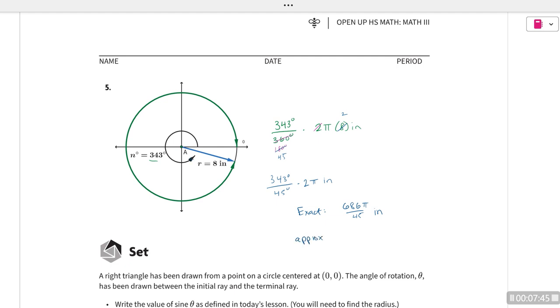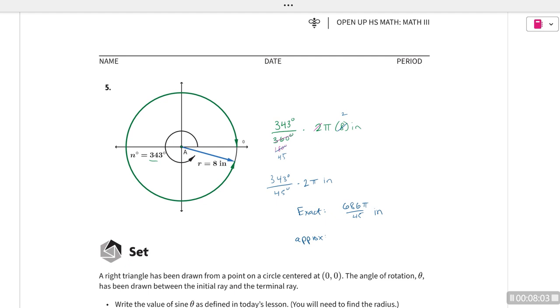So let's do our approximate here. If we take that number, 686, or we could always start over and do 343 divided by 360 times 16 pi.